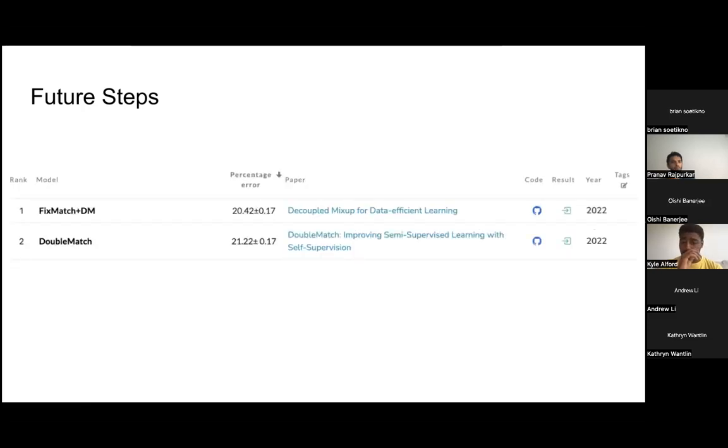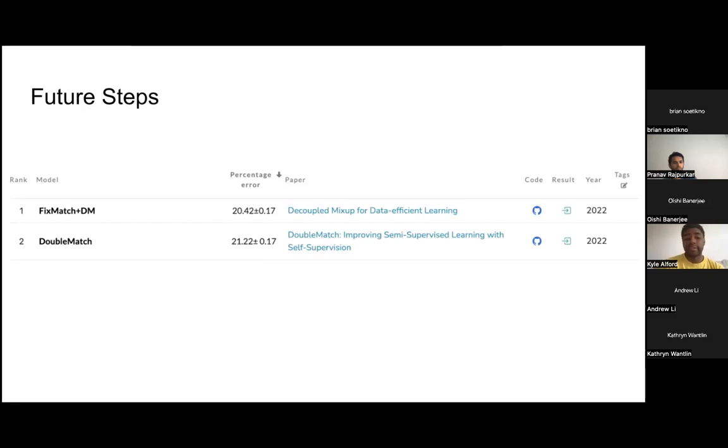And then to that point, this paper was released, I believe, in late May, 22nd I believe. But in comparison with this, for the CIFAR 100 benchmark, it's actually second place right now compared to FixMatch with decoupled mix-up.